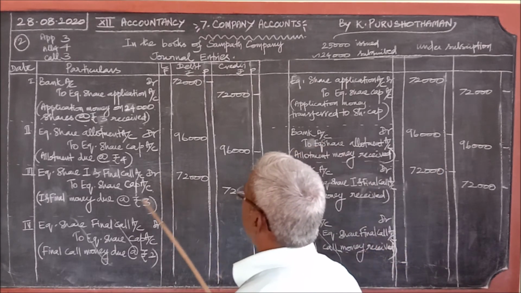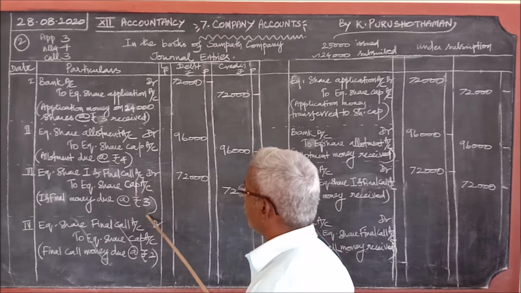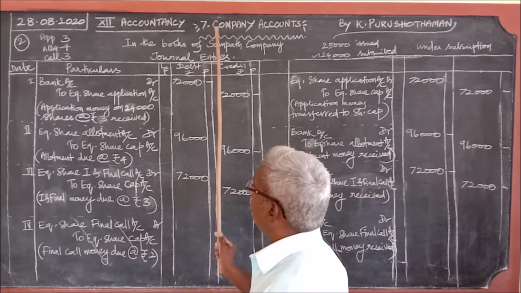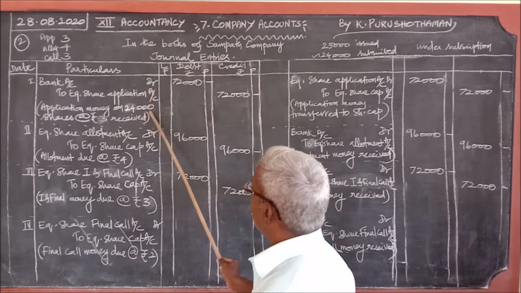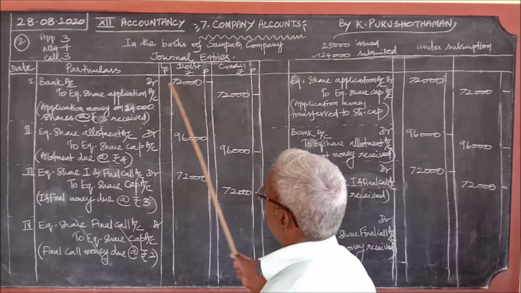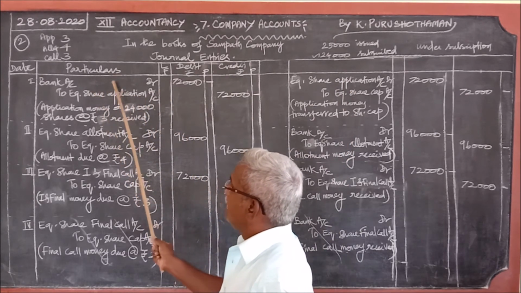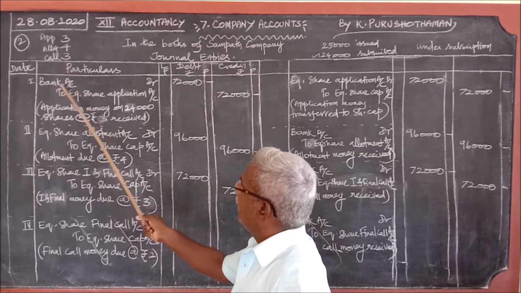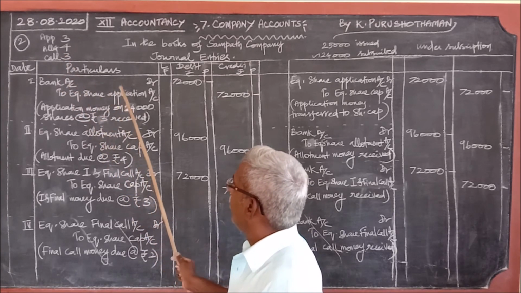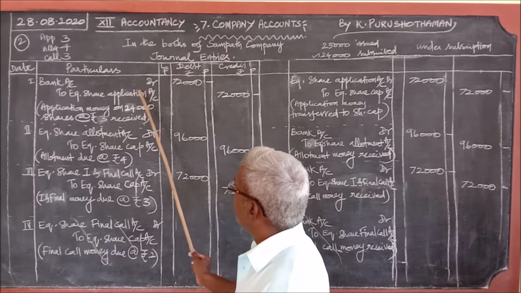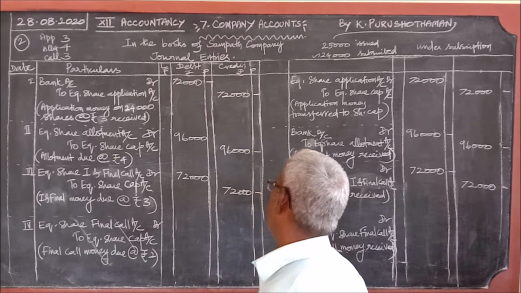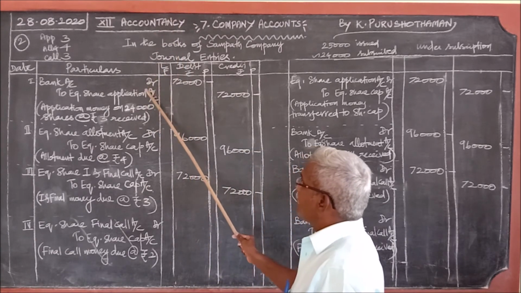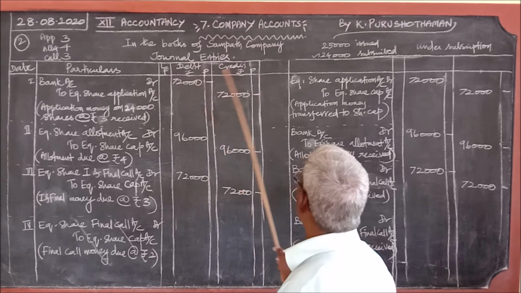Once again, we talk about the journal entries. In the first stage, money should be received first, then it is transferred. That is why the company is receiving the money: bank account debit to equity share application account comes as the very first journal entry, and then it is transferred.